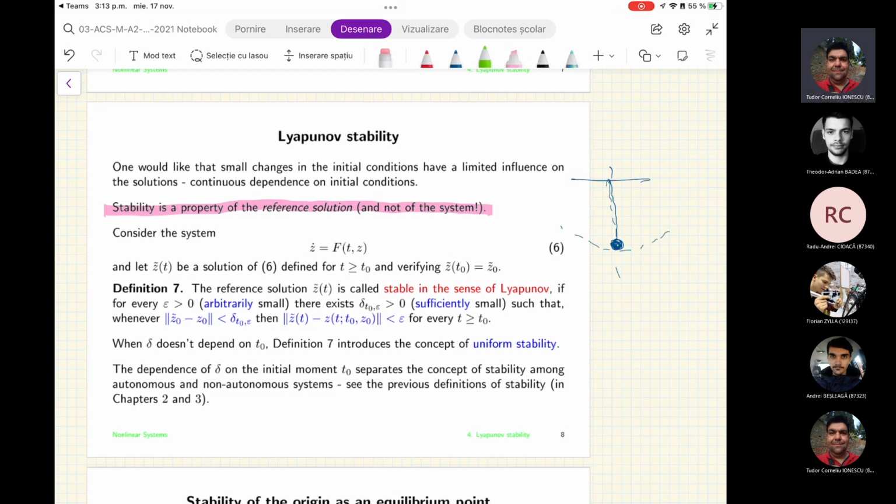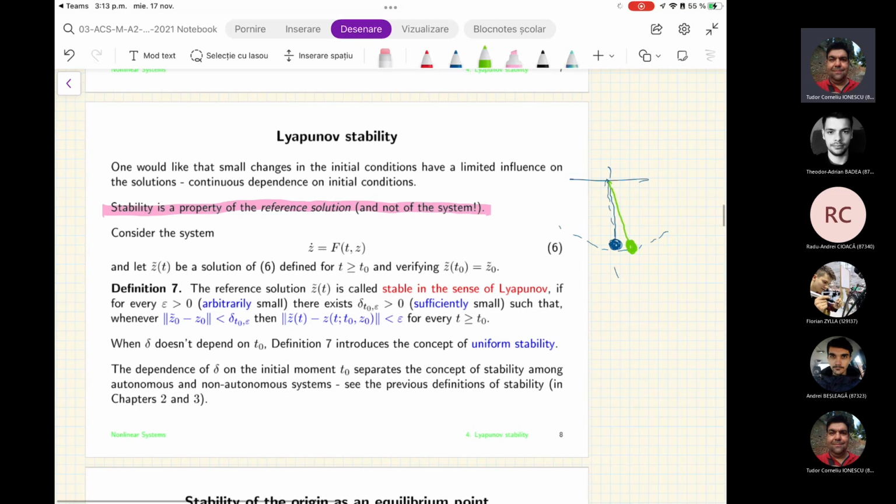Now we do a small perturbation of the pendulum. Assume this is very, very small. Perturbation. Disturbance. Right? So the new solution, swinging, in the end, it will stop where? At the equilibrium point, at the reference solution.